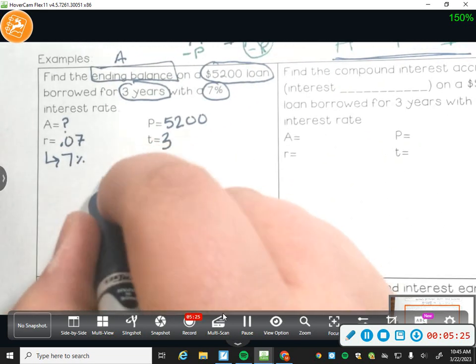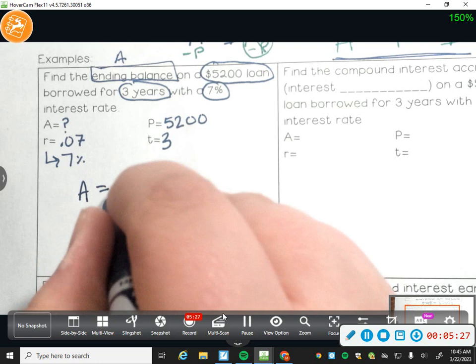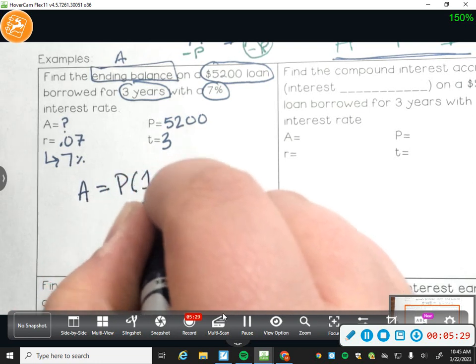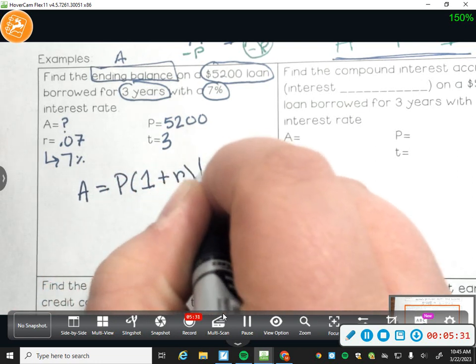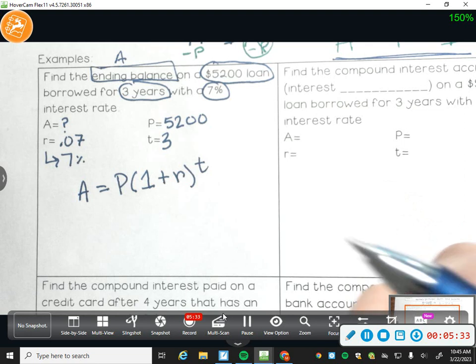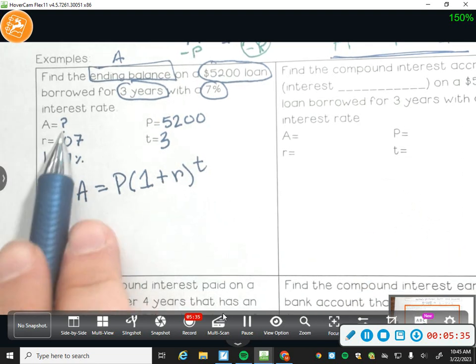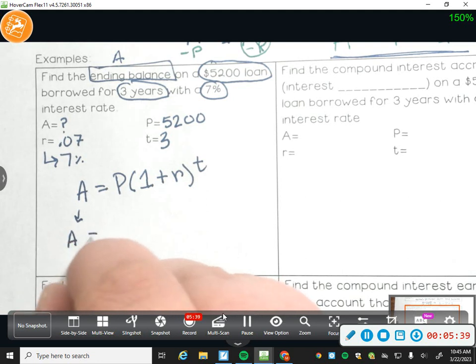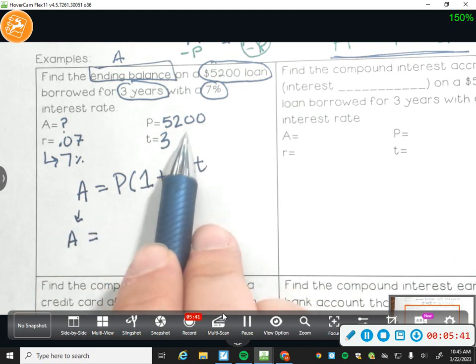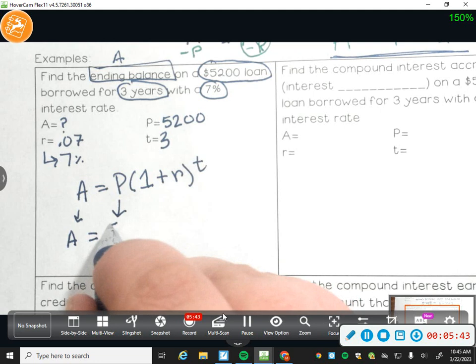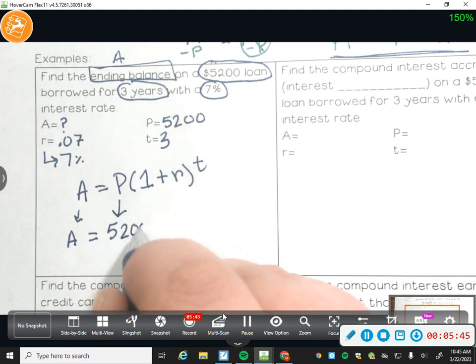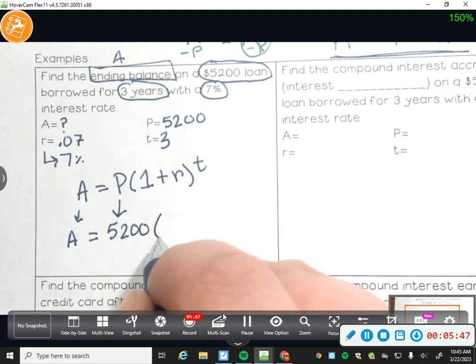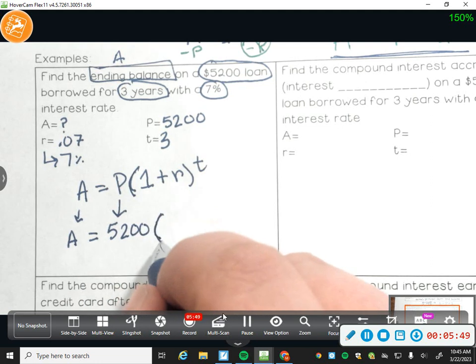So we've got A equals P times 1 plus R to the T power. Okay, we don't know what A is, so I'm going to keep A as a variable. We have a value for P, so instead of P, I'm going to write 5,200. There's an open parentheses that I'm just copying down.